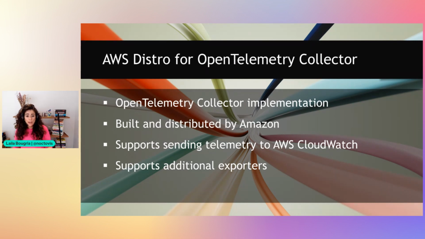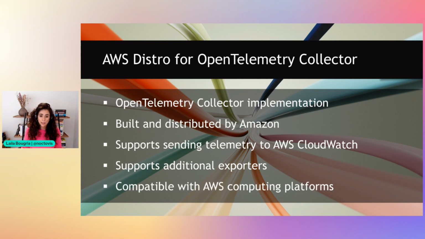And it's also compatible with AWS computing platforms, including EC2, ECS, and EKS as well. And that means that you can collect telemetry and insights across your system and your system infrastructure as well. Now, what you would have to do is set up your specific configuration, and then you can just use the Docker image that they have available and just run that.